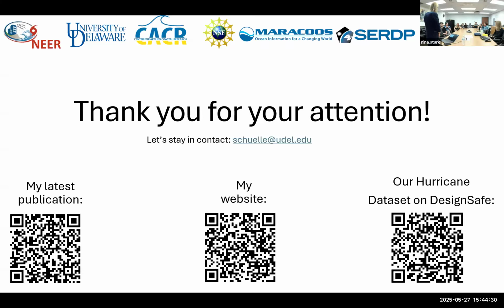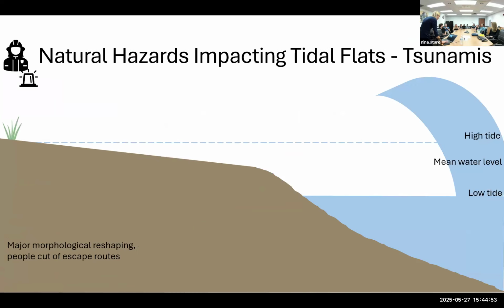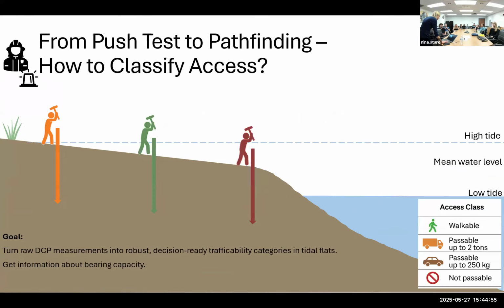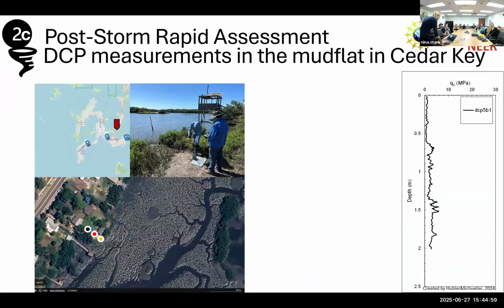You showed DCP measurements that had a 0 meter sign. Is the 0 meter the sediment surface, or is that elevation? That is a good question. I think that is sediment surface from the DCP. From the PANDA measurement? Yeah, so that's the standard. So that is just a translated raw information.